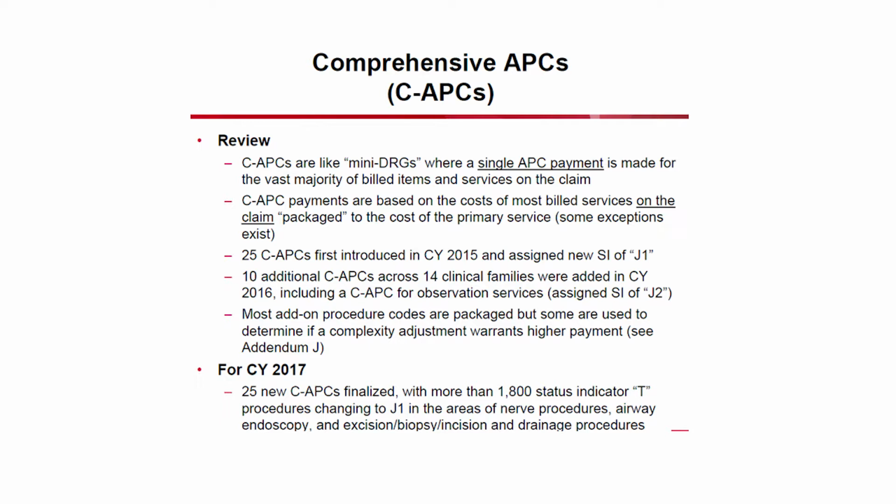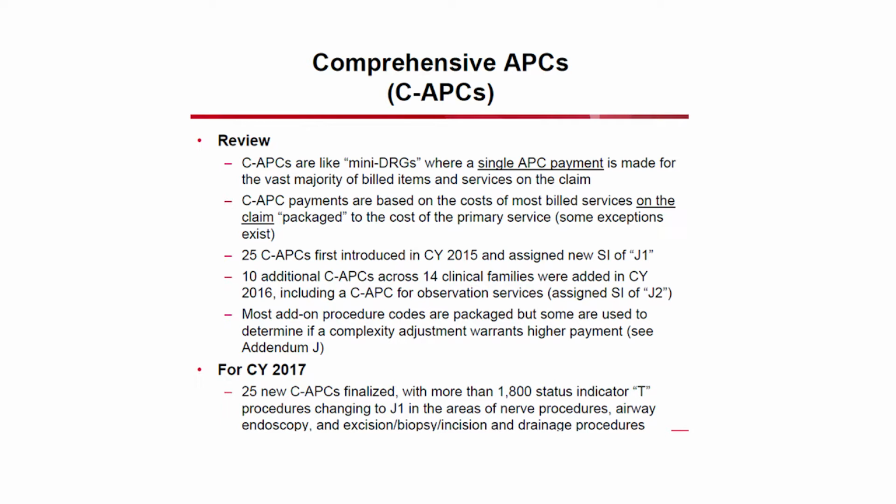So there's 25 C-APCs that were first introduced by Medicare in calendar year 2015, and 10 additional C-APCs across 14 different clinical families were added in 2016, including observation. Most add-on procedure codes are packaged. Some are used if there's a complexity adjustment.